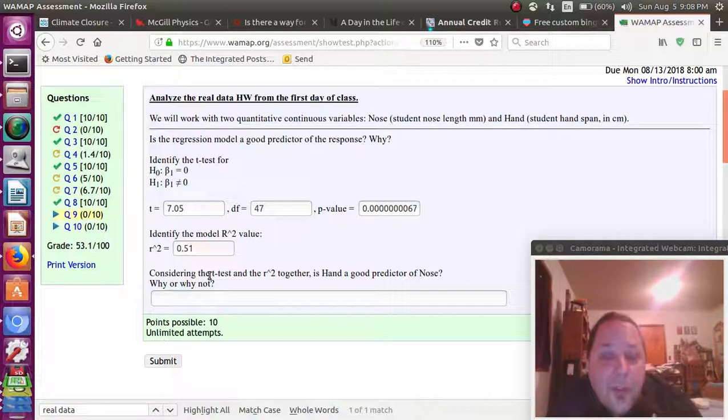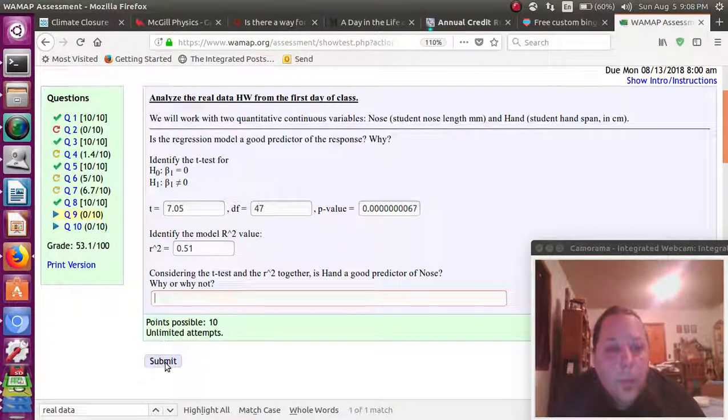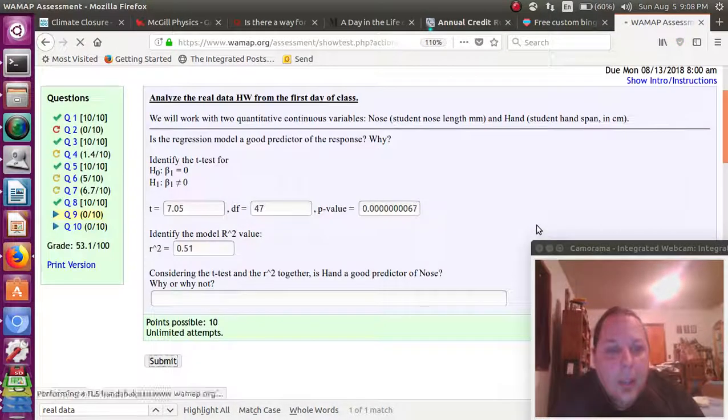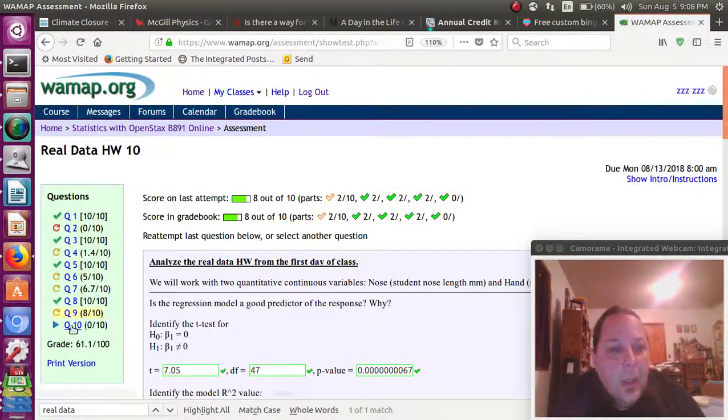I can explain 51% of your nose length just by knowing your hand span. That's pretty good. Furthermore, the beta 1 is not 0. We reject the null hypothesis and conclude that that weight is significant. It's not 0. So yeah, it's a good model because both of those things are sufficiently met. And you say that, type it up, I will read it, I'll give you feedback on it.